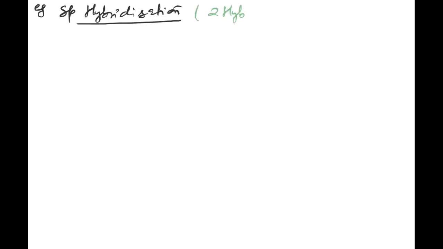For example, let's say for sp hybridization, we need total 2 hybrid orbitals here.